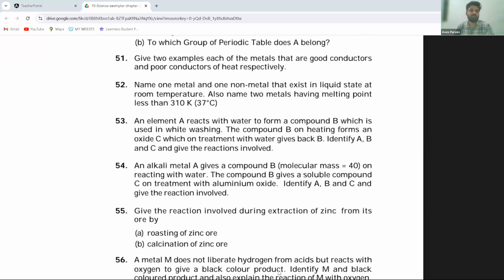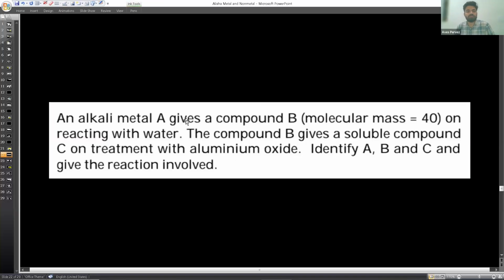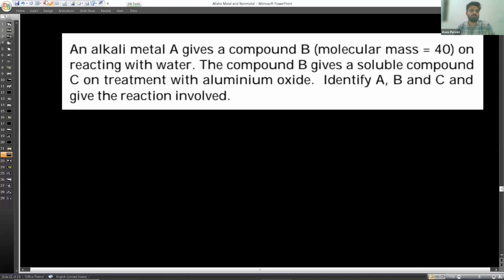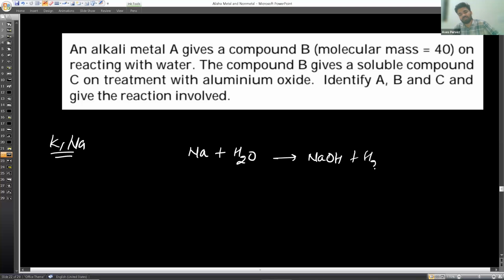So let me explain here. Sodium and potassium are the alkali metals. When it reacts with water, for sodium it will give you NaOH plus hydrogen gas.